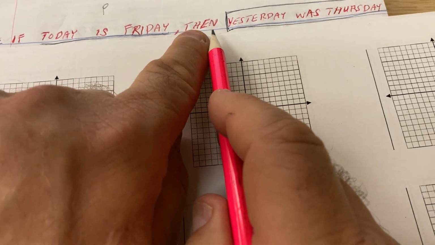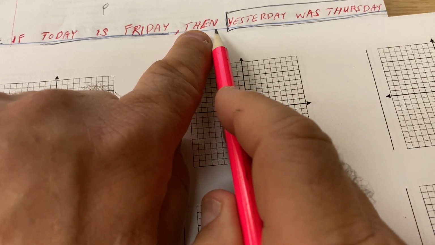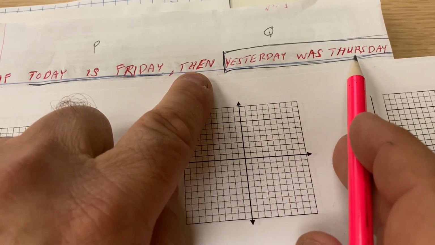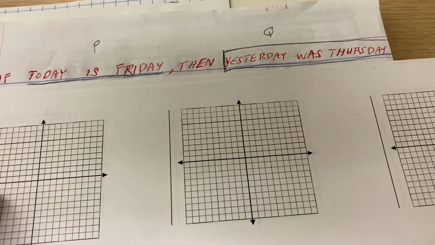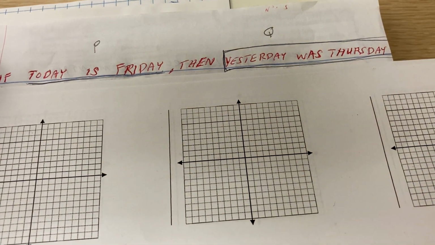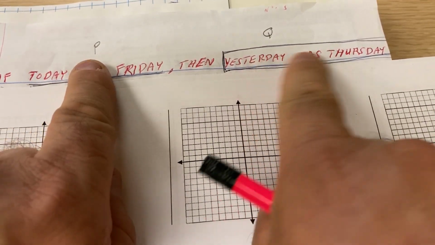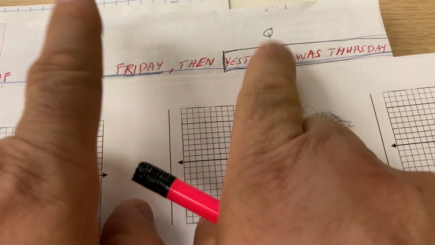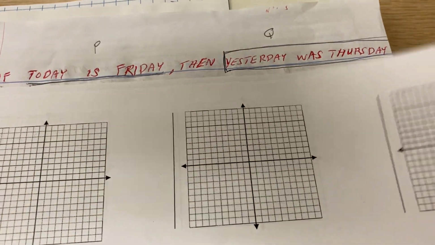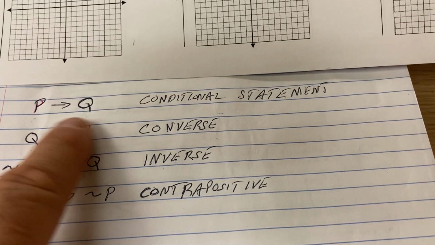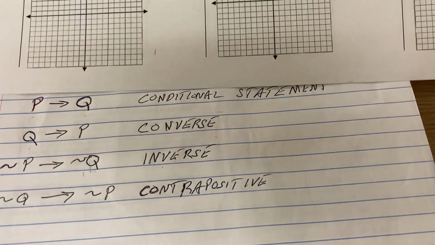The stuff after the word then is the conclusion: yesterday was Thursday. The converse means we take the hypothesis and the conclusion and just switch the order, the P and the Q, just like it says right here.